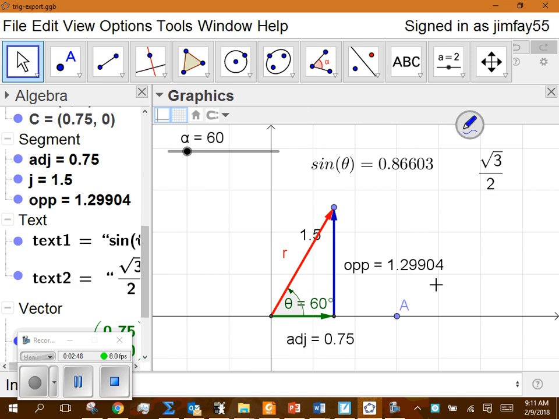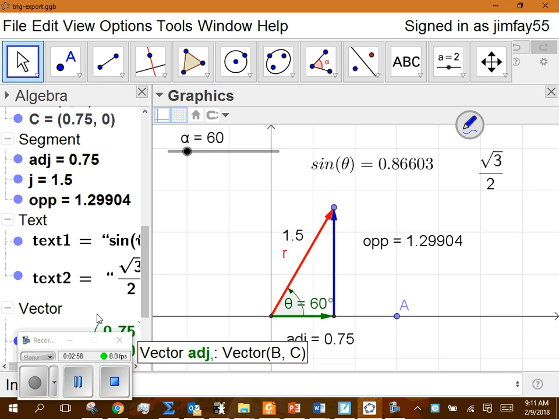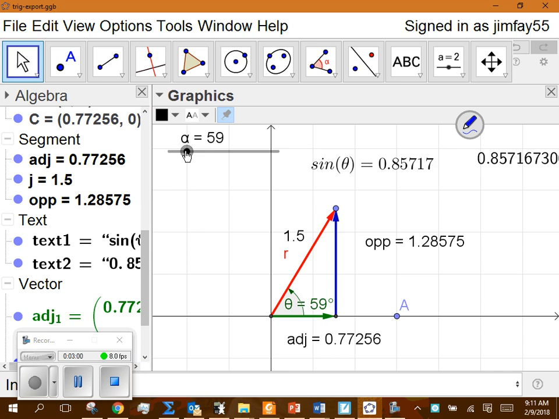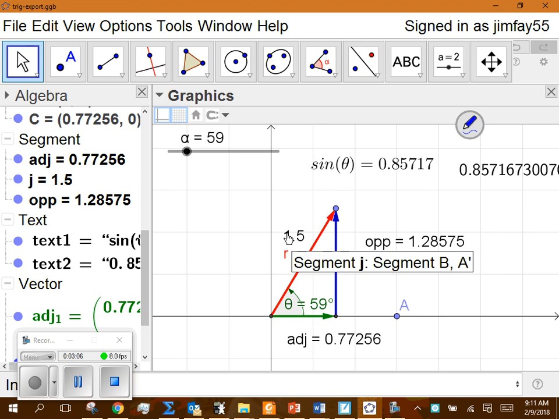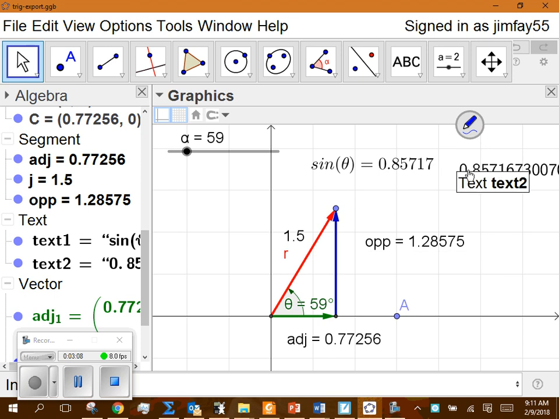This is dividing that number by that number, and it's getting the radical 3 over 2. But those two things equate, right? And it might be easier to see them equate when they're not an exact radical 3 over 2, okay? So if I get that opposite side and that hypotenuse, we would see that those two things do equate. Is that okay with everybody?